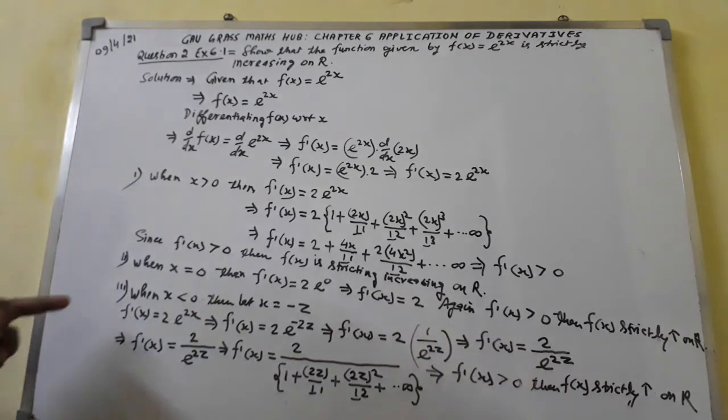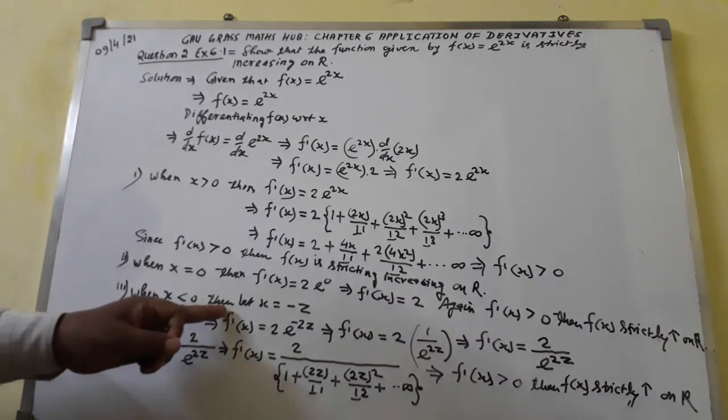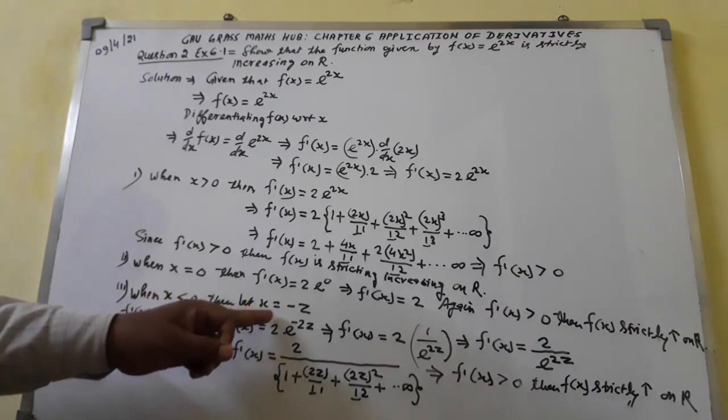Again in the third case, when x is less than 0, put x is equal to minus z.